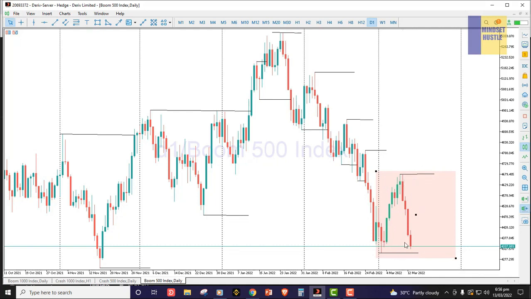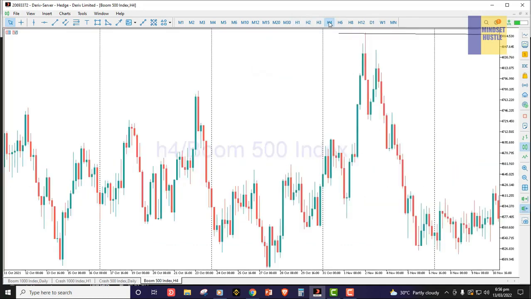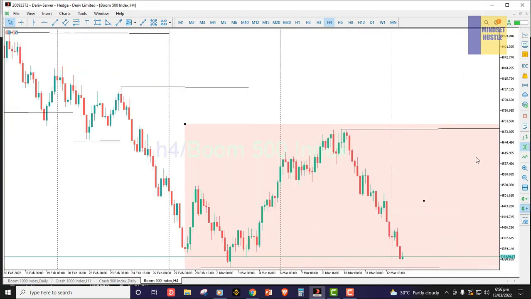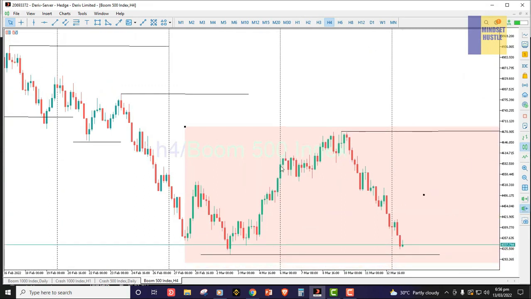Then you go to H4 and see what type of structure is forming within this range. Let's quickly go to H4 and see. So in H4, this is what we are seeing in that area. Let me use my horizontal line to place it here so I can delete this one.